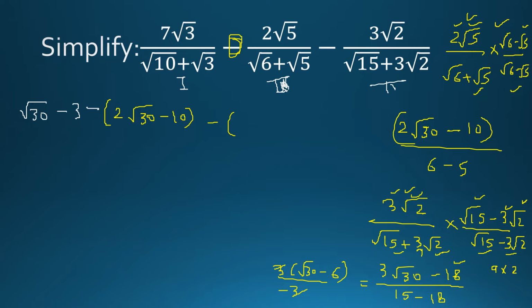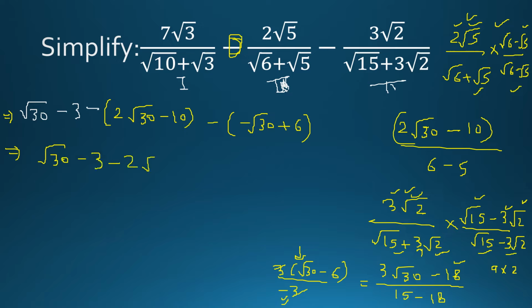So you are left with, if you distribute this minus, you will make numerator. Your numerator will become opposite with opposite sign. So minus root 30 plus 6. Correct? Now just solve it. This is your simplified part. Distribute the minus sign.